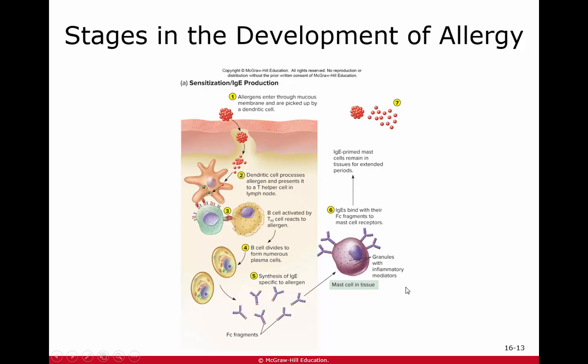They're going to be present on cells in your body, just waiting to see if you're going to get exposed to that allergen again. So in the sensitizing dose, your body is becoming sensitive, becoming, I guess you could say, immunocompetent to that particular type of allergen. This first exposure, you typically don't see those symptoms associated with an allergic response, so you don't see the watery eyes, the itchy eyes, that type of stuff.